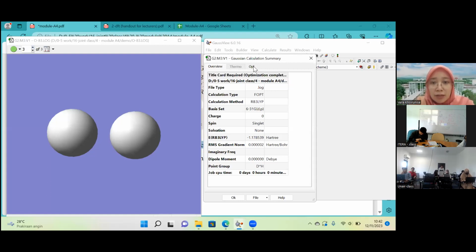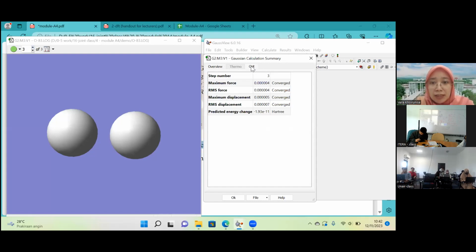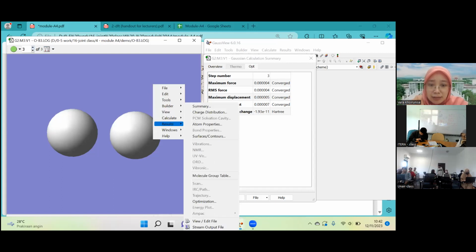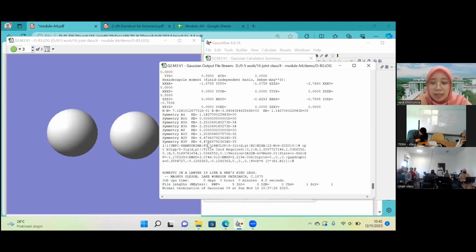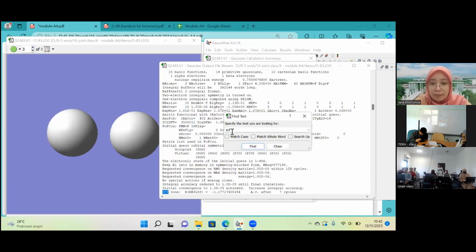And we cannot click the thermo, but we can click the OPT. So the OPT gives information about the step number. So there are 3 steps, the number of iterations. And if you check the stream output file, you will find this.